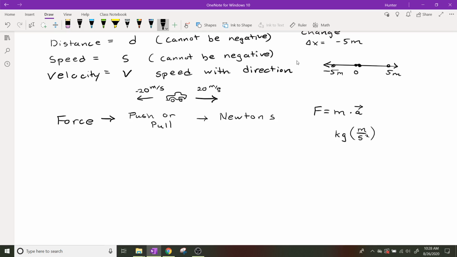So the big thing is that all of these formulas that we're going to be looking for have to actually work out to be consistent in kilograms, meters, and seconds. So force measured in newtons comes out to a unit of kilogram meters per second squared. That is the same thing as multiplying a mass times an acceleration, the mass being kilograms and the acceleration being meters per second squared.